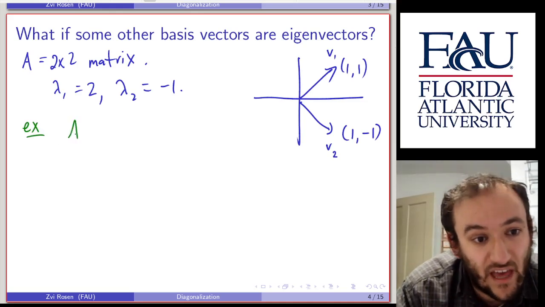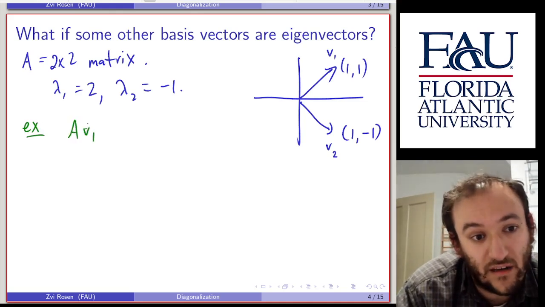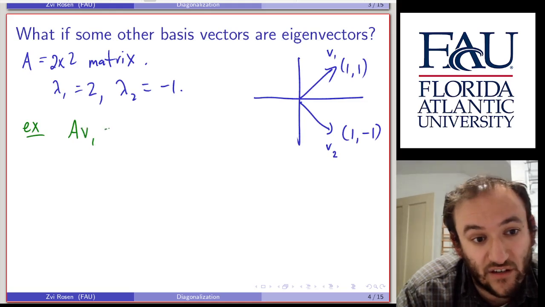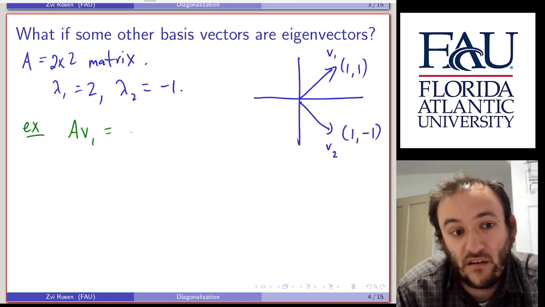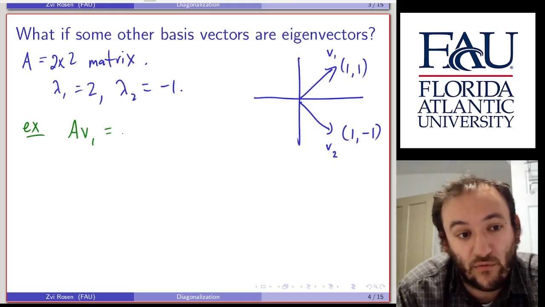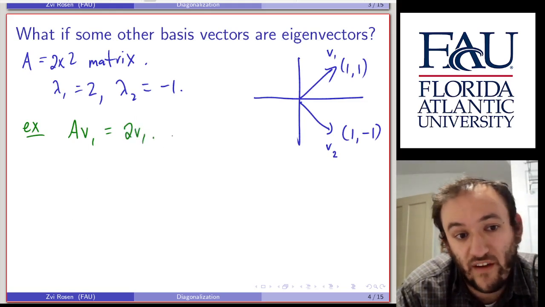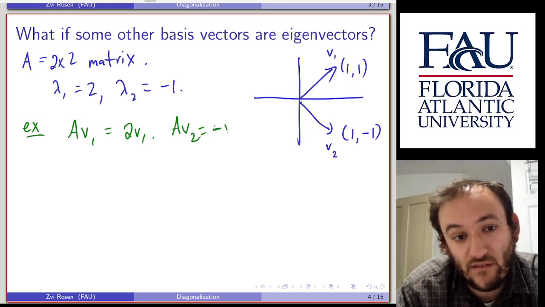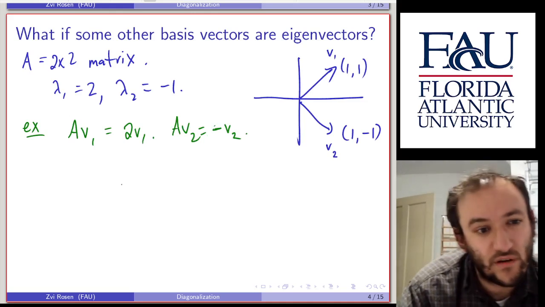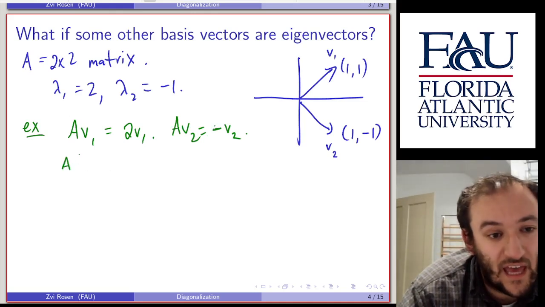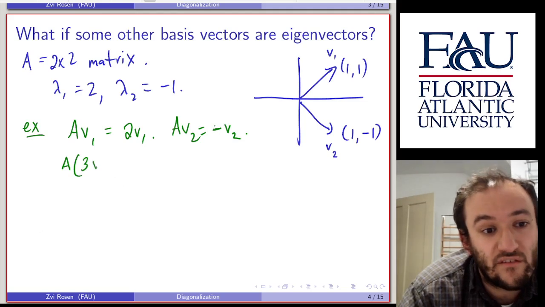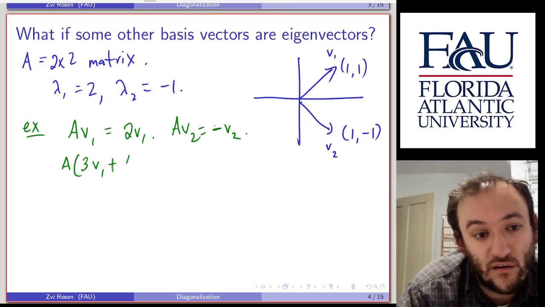So let's say I have A applied to v1. Well, I know v1 is an eigenvector with eigenvalue lambda 1, so that's going to be 2v1. Or if I have A v2, that's going to be minus v2. What if I have something like A of 3v1 plus 4v2?